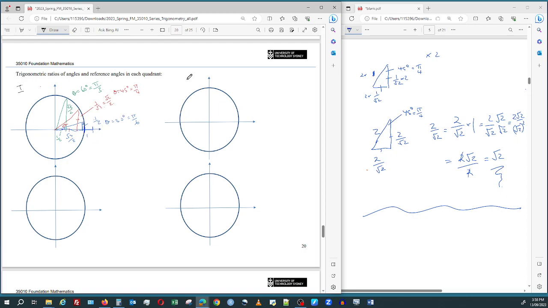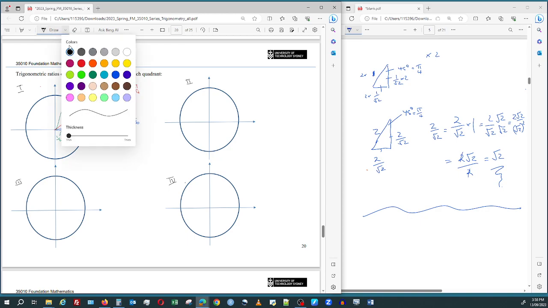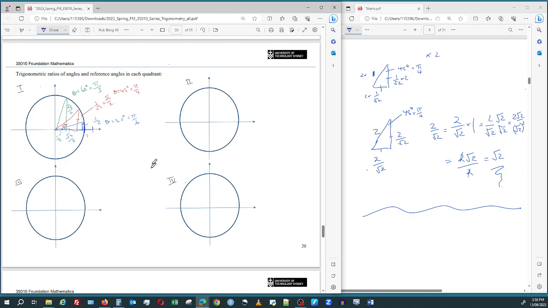Okay, what's quadrant 2? And 3. And 4. And that's only positive angles. Okay, that's only positive angles. So just focus in on that. Make sure that we get that sorted out.